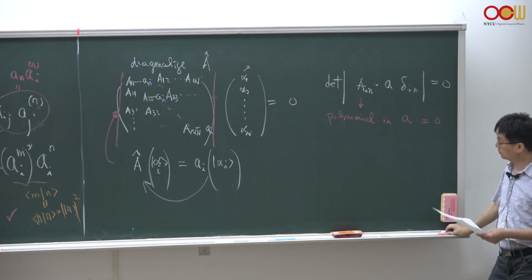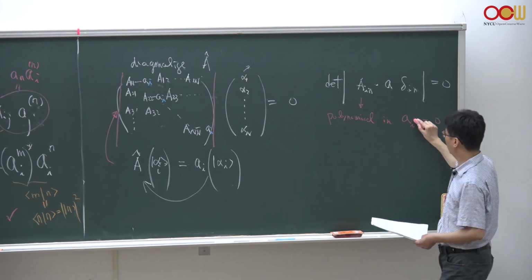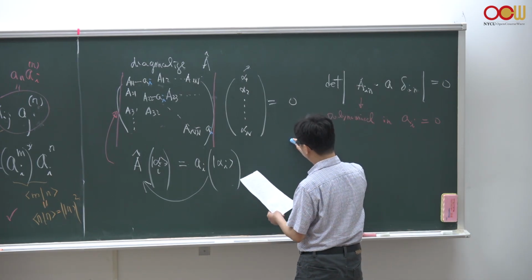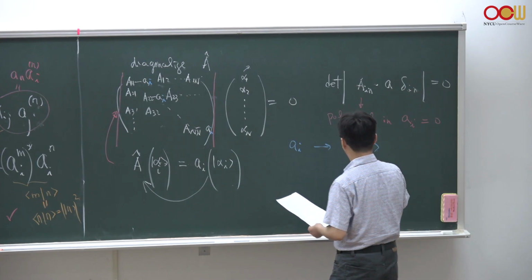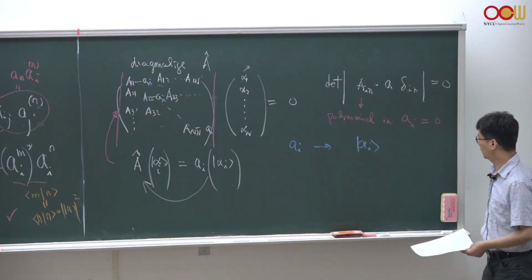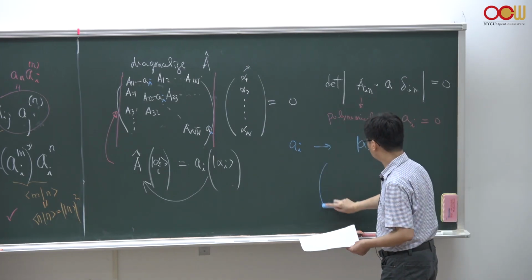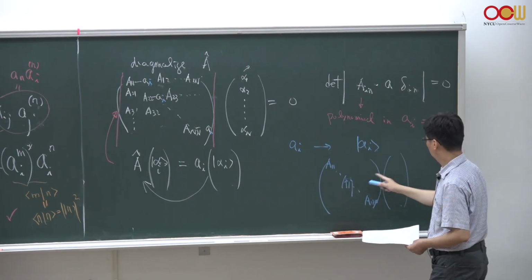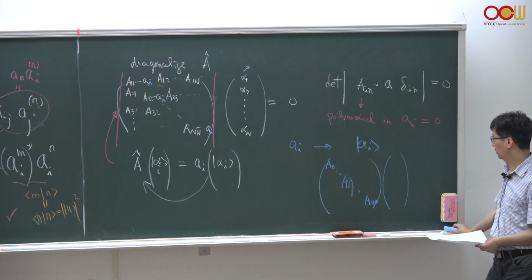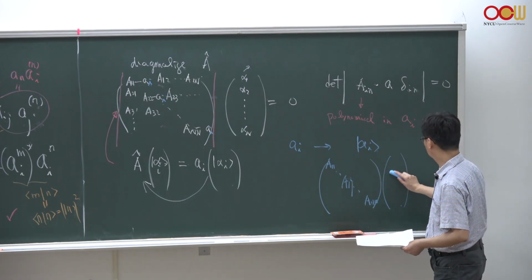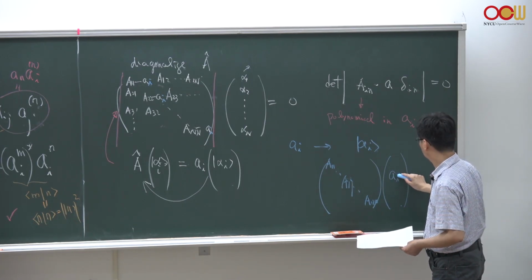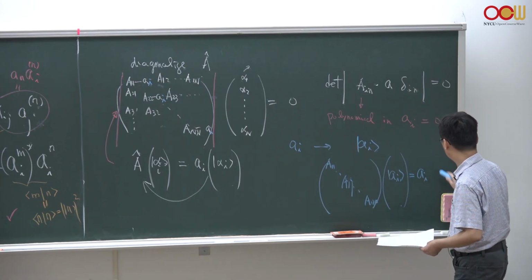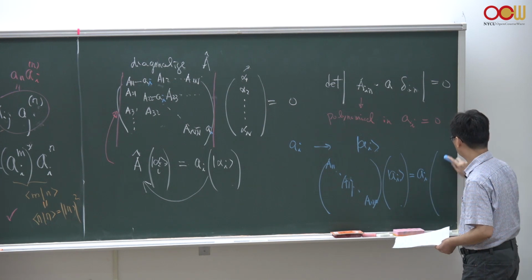So once you solve these eigenvalues, ai, you could continue to look for this eigenket. The way that you find this eigenket is, again, by plugging in your eigenvalue. Multiply the matrix A by your unknown eigenket, which gives you the eigenvalue times this eigenket.